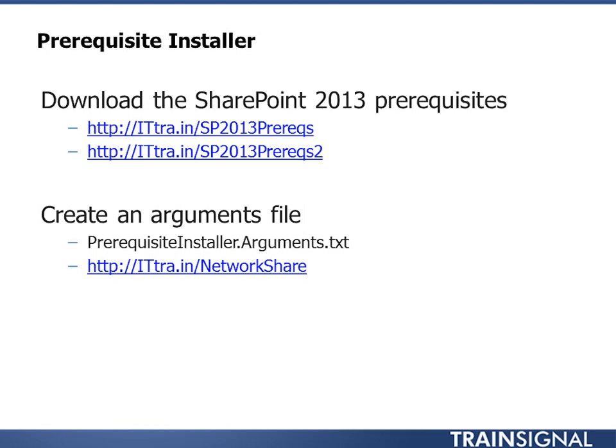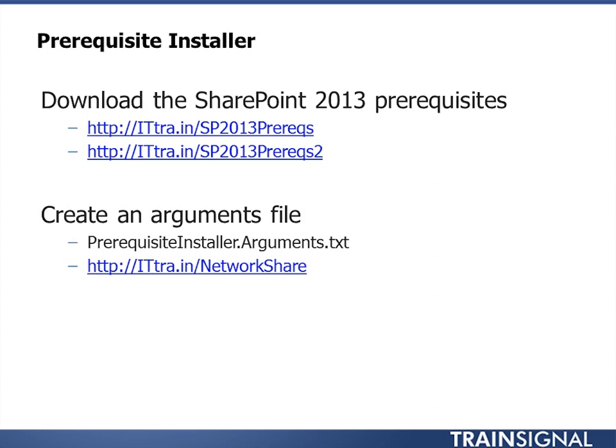The prerequisite installer file, as we're going to see, has everything all set up for us. As far as creating the little answer file that you're going to need for the prerequisites, unfortunately, you have to create that arguments file all on your own. Fortunately, if you take a look at the link that's provided there, they've got the steps, the instructions on how to go in and create that.